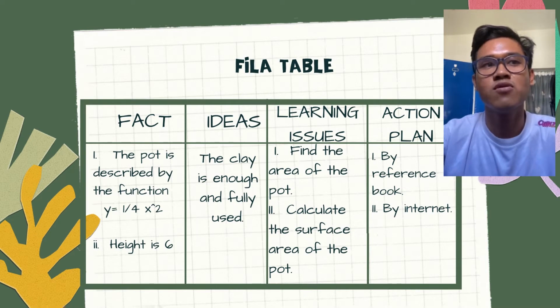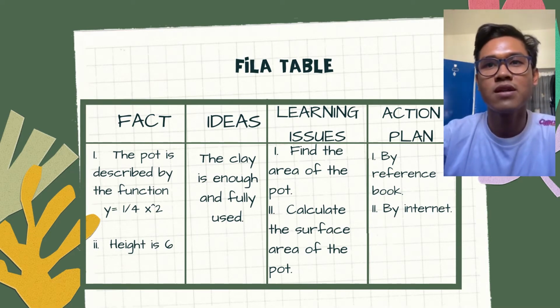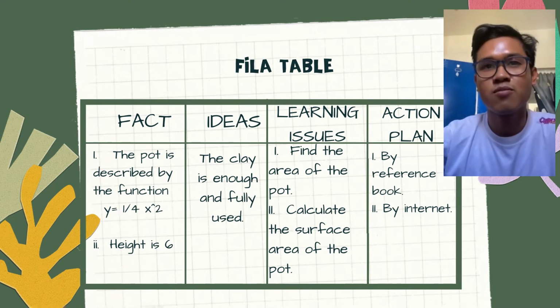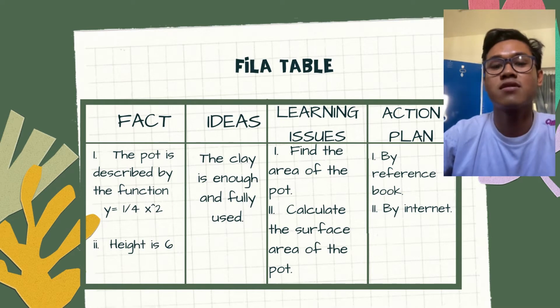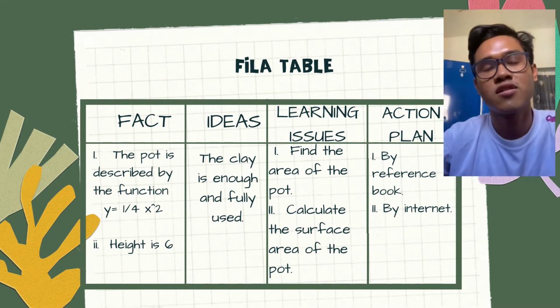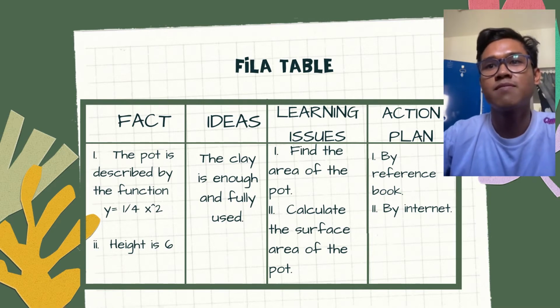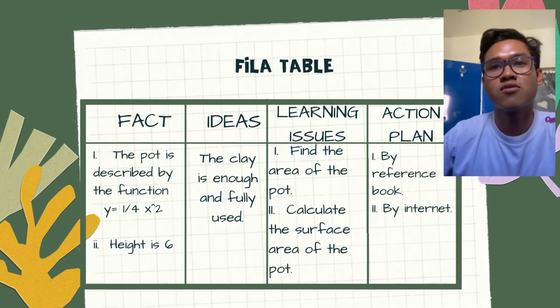Meaning, the pot is used fully. Then its learning issue, find the area of the pot. Meaning we need to find the area of the pot. Then calculate the surface area of the pot. Meaning we need to calculate the surface of the pot. Then the action plan, we use 2 references, which are reference books and the internet.